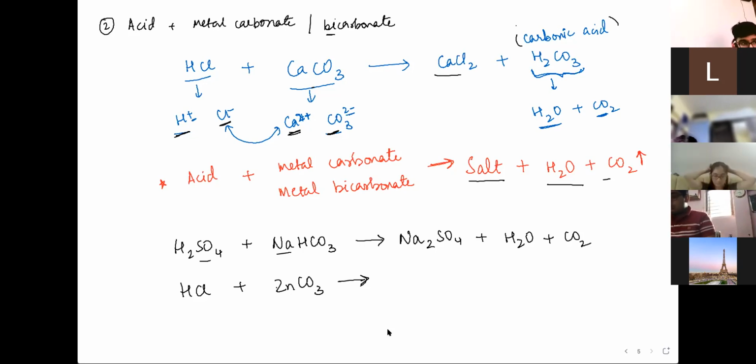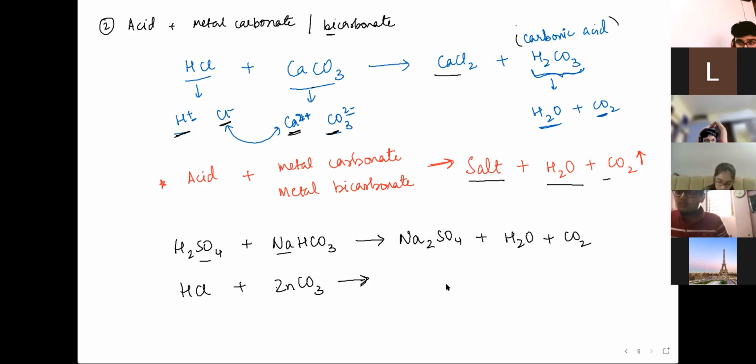Anirban, one of your products is wrong. Check what is produced along with the salt and carbon dioxide. Elena, correct. The equation is also balanced. So Anirban, one product is wrong.